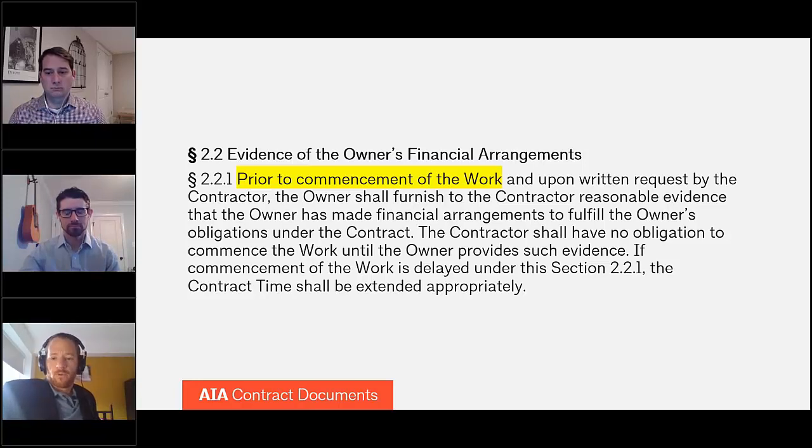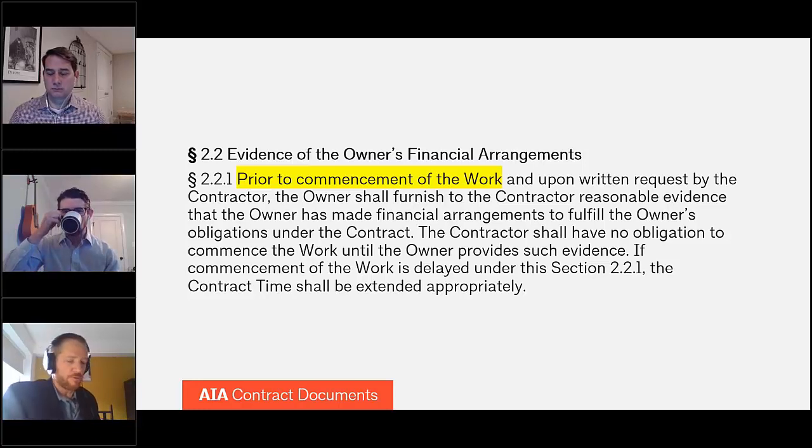So just before moving on from that topic, I will mention I did reach out to one of our AIA contract documents committee members. These are architects that help us create these contracts. And the fellow that I reached out to was actually very involved with creating the A201, the 2017 version.